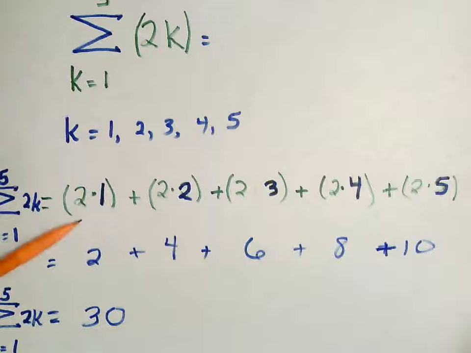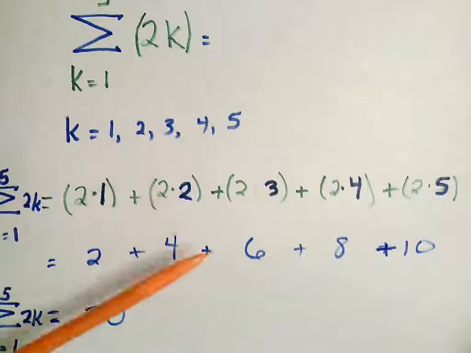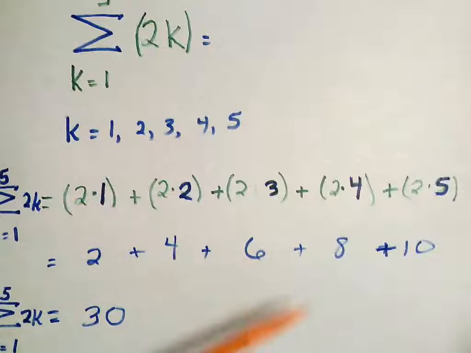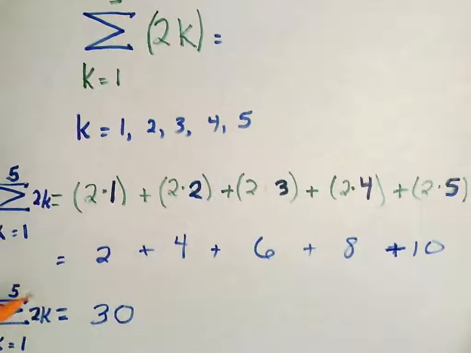So this will be 2 times 1, k was 1, plus 2 times 2, k was 2, plus 2 times 3, k was 3, plus 2 times 4, the k was 4, plus 2 times 5, the k was 5.